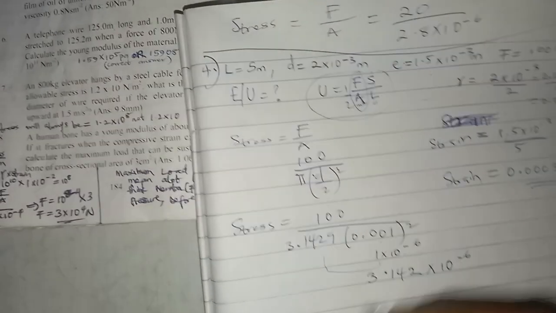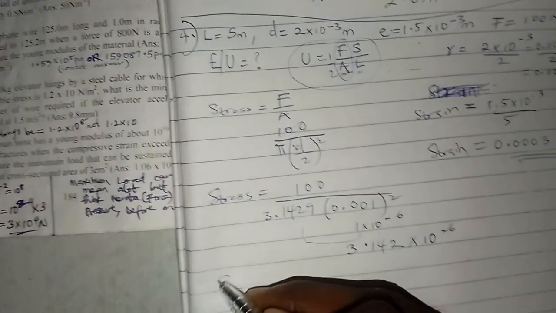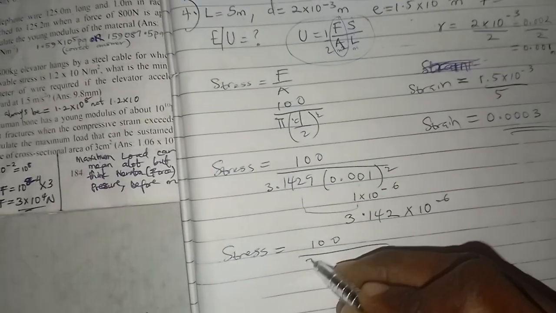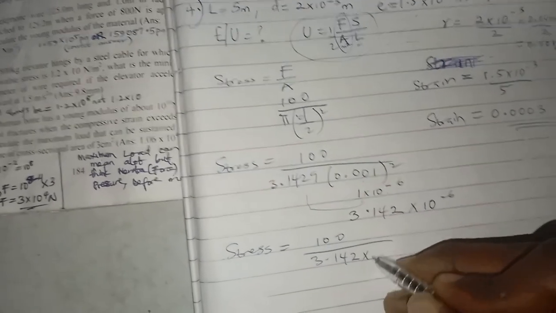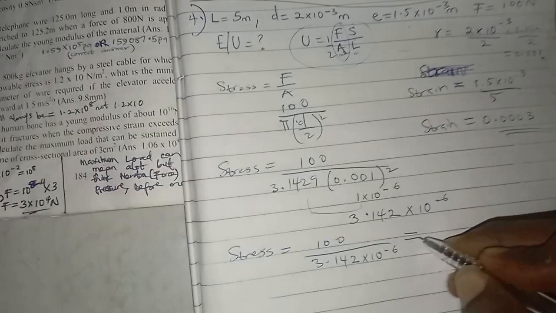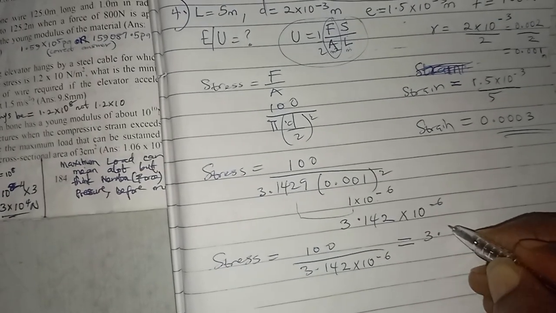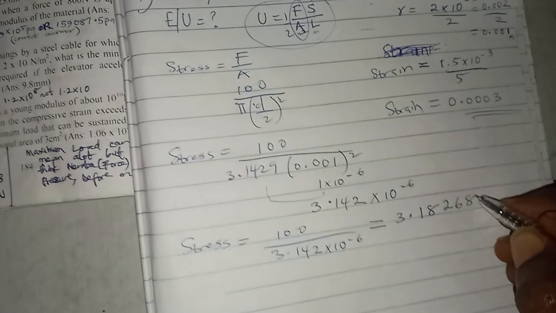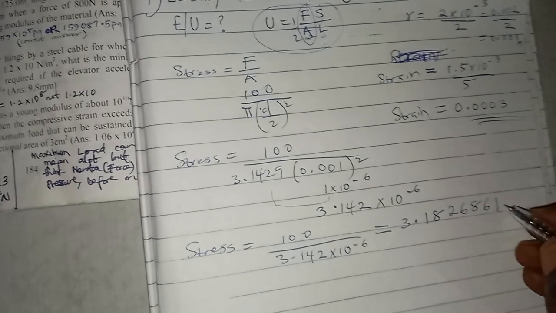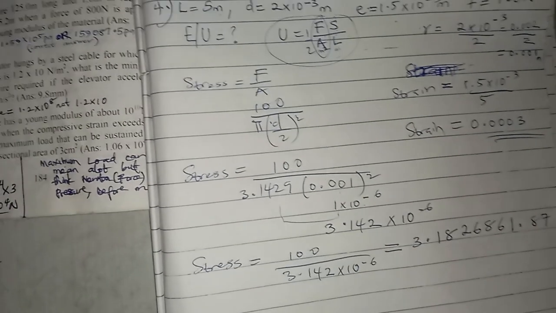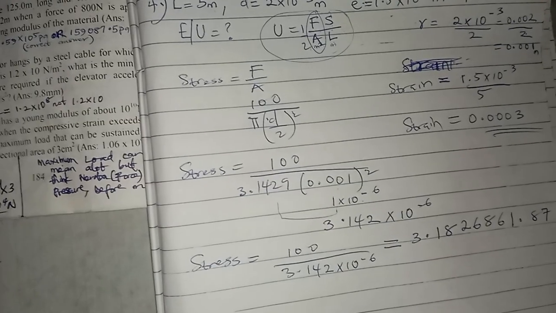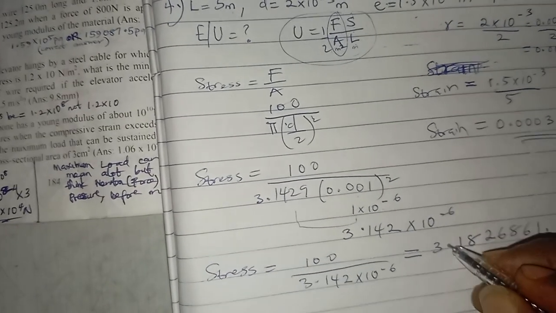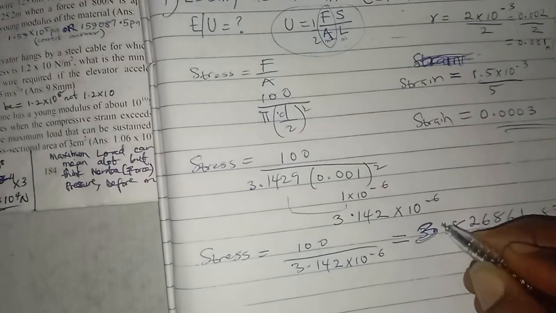So by the time you now check it, stress will be equals to 100 over 3.142 times 10 raised to the power minus 6, which will give you 31826861.87. So you're not having points, but rather 3, 1, and so on.